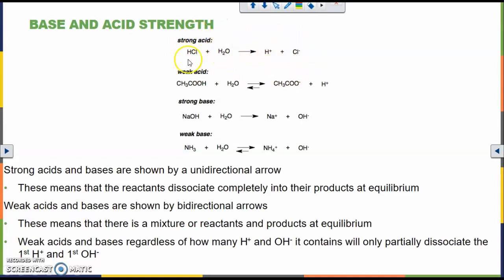There's going to be no reactants left. All right, in a weak acid or weak base expression, what happens is you're going to have some of this, some of that, some of that. Okay, so you're going to have a mixture of reactants and products, similar to reversible reactions previously.